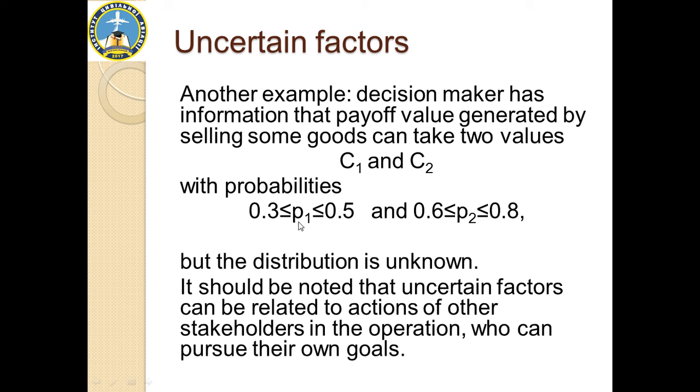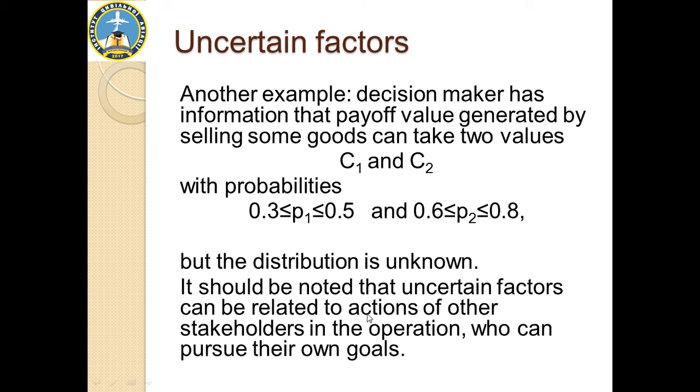And the value of C sub 2 can be taken with probability ranging from 0.6 to 0.8. The distributions are unknown. It should be noted that uncertain factors can be related to actions of other stakeholders in the operation who can pursue their own goals.